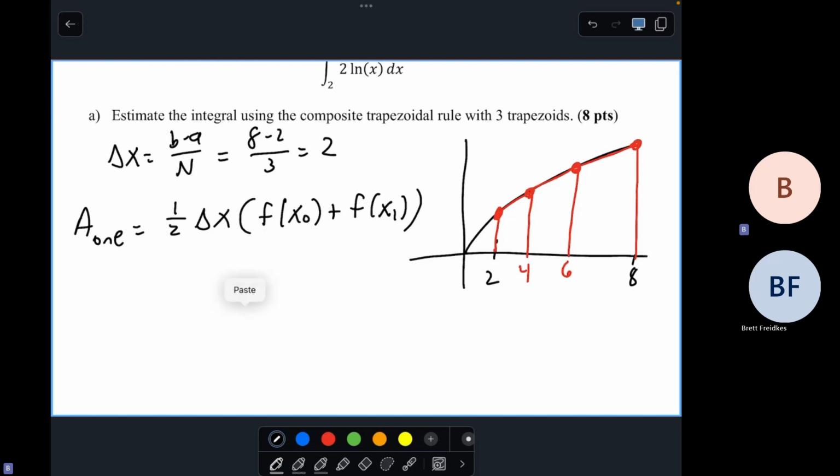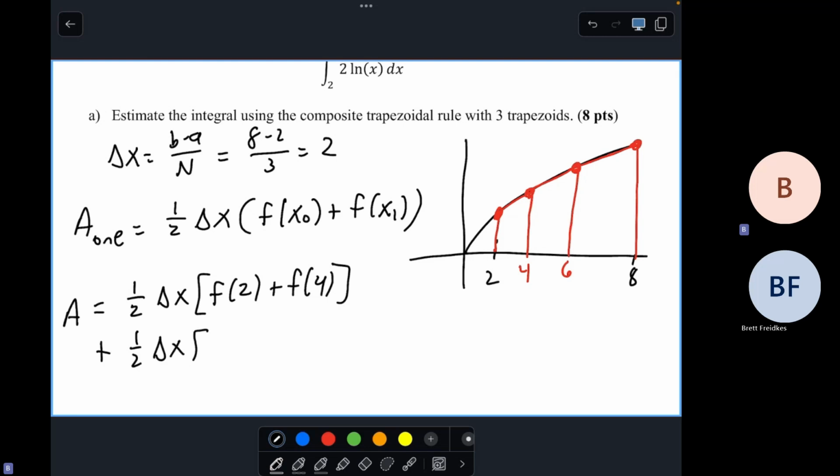So if we sum this up, the total area A will be 1/2 delta x times f of 2 plus f of 4. That's the first trapezoid. Then 1/2 delta x, f of what plus f of what? That's the second one.